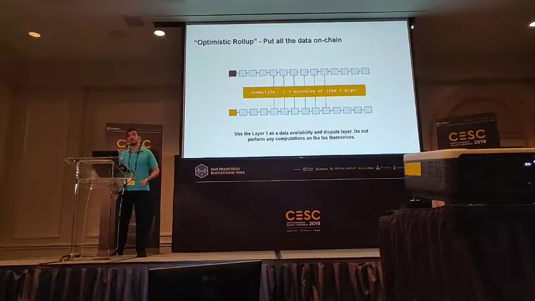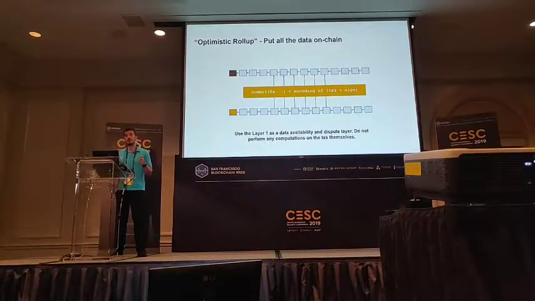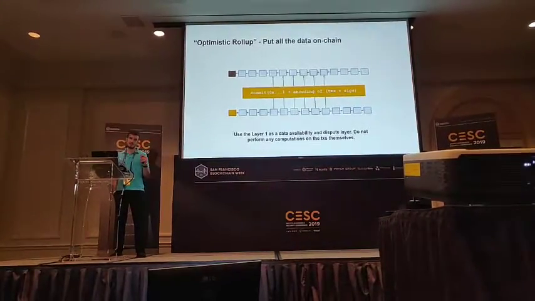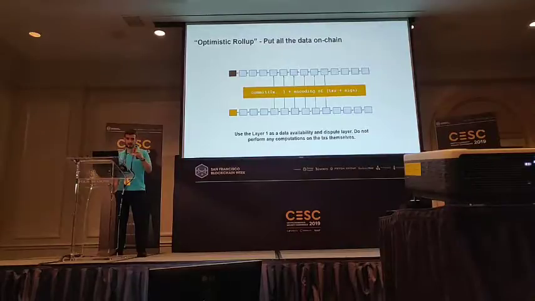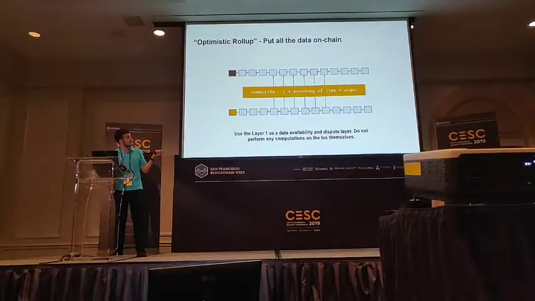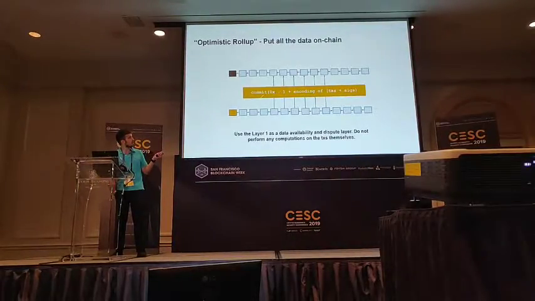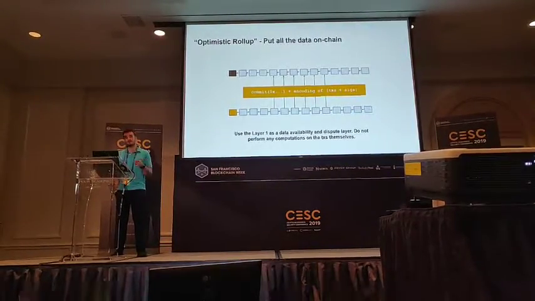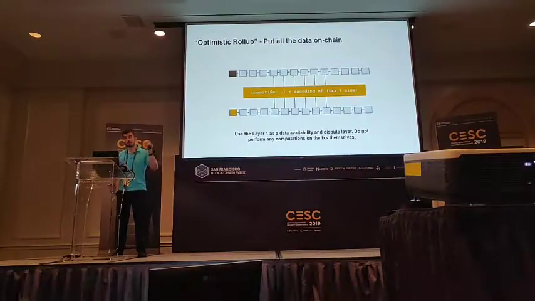So what if we say that, okay, Plasma is a premature optimization, let's try to not solve the data availability problem, but try to work around it in a way. And what we're doing is that instead of committing only the 32 bytes of the transaction, we'll also take the whole tree that was off-chain, and we will encode it. So I'm not going to say if this is a good idea or a bad idea.